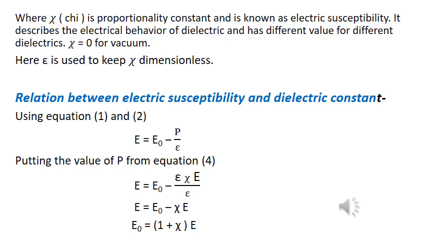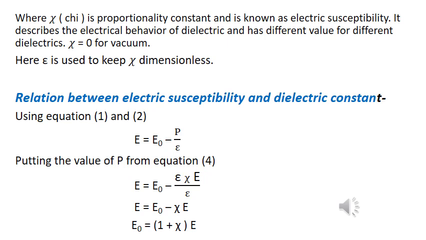It describes the electrical behavior of the dielectric and has different values for different dielectrics. The value of chi for vacuum is equal to 0. Here epsilon is used to keep chi dimensionless.